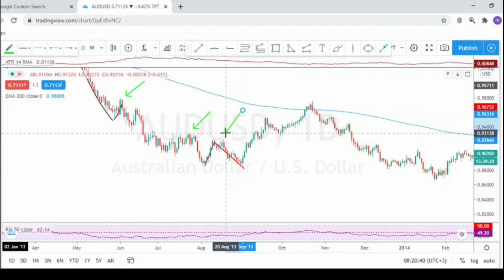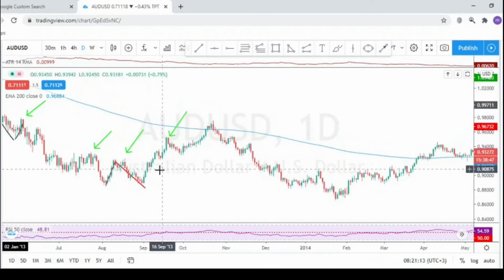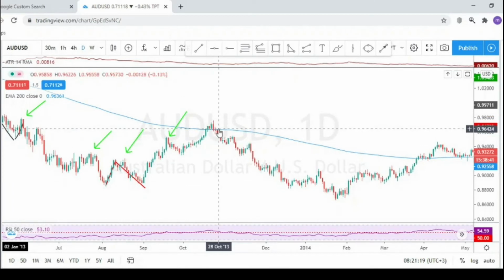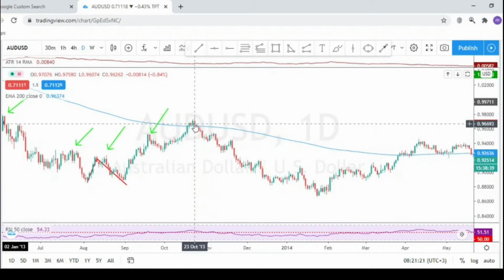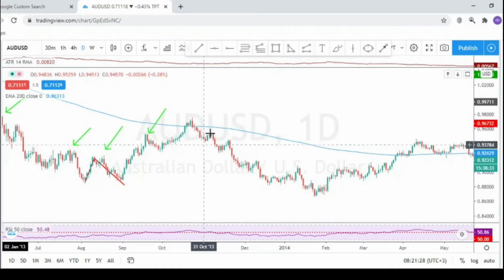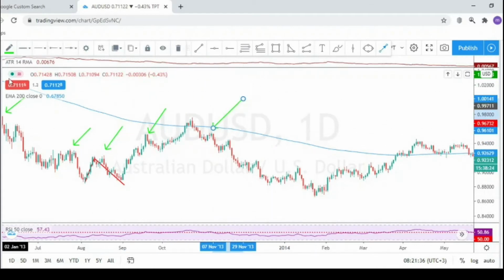This also would be a win, and this would probably be a win as well. And market came up, touched this moving average, so we are not looking for any trade, and it started to trend below the moving average again, makes a pullback, and you see the market continuing to the downside. I would call this a win as well.